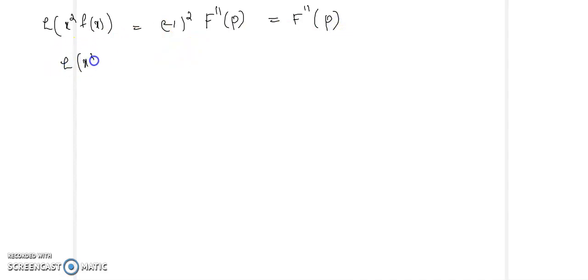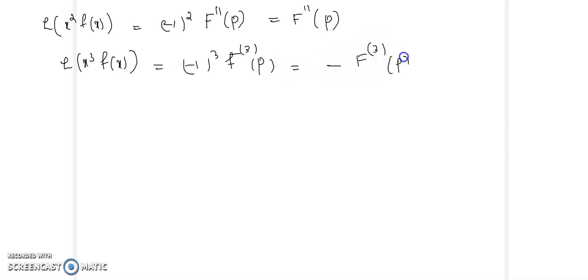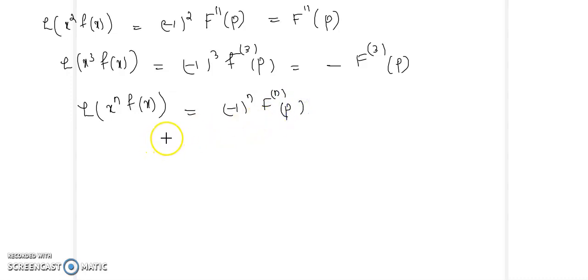Similarly, L of x cube f of x will be minus 1 whole cube f triple dash of p, that is minus the third derivative of f of p. So in general, L of x raised to n f of x will be minus 1 whole raised to n f^n of p. This is the property on the derivatives of Laplace transform.